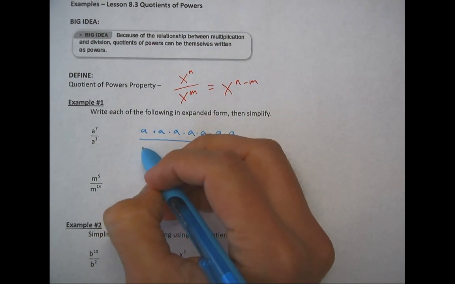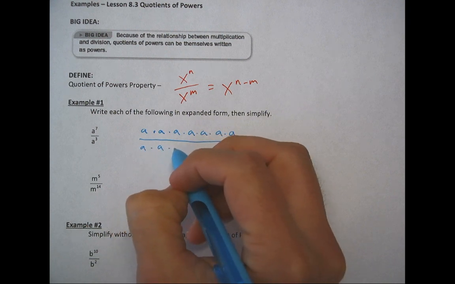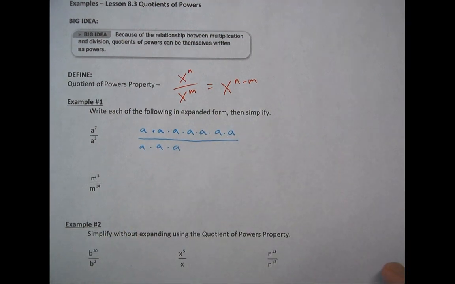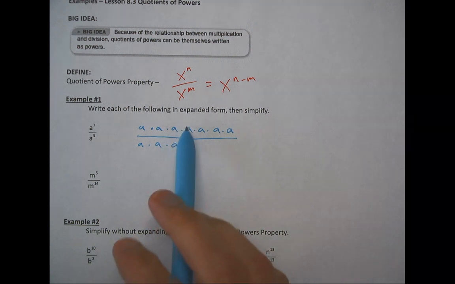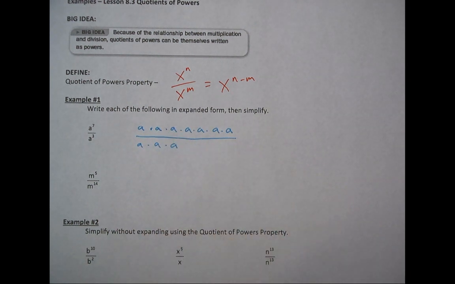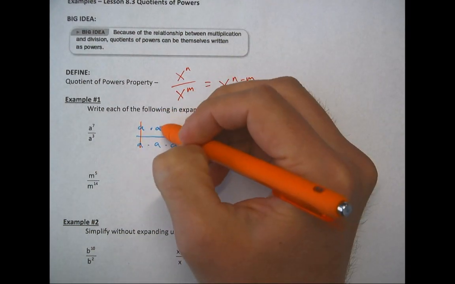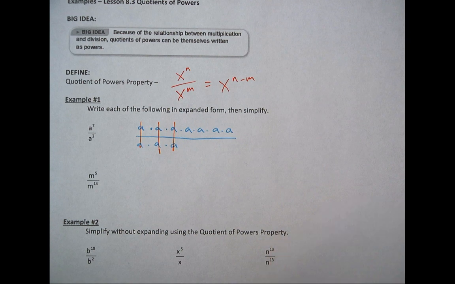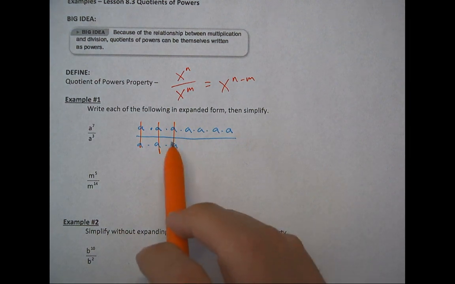Now I'm going to line these up just for a visual here. So we know that when we have a fraction and we have similar things on the top and the bottom, they can cancel and they can simplify. And so this a and this one, this a and this one, and this a and this one will cancel each other out.